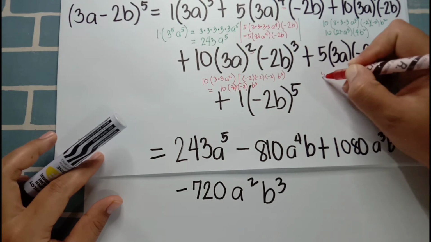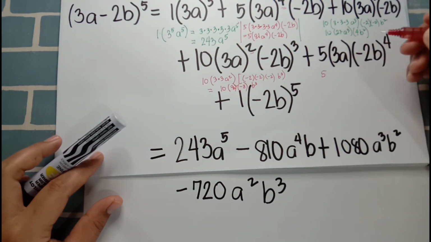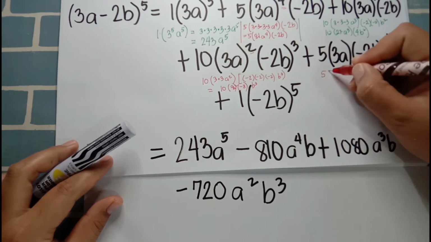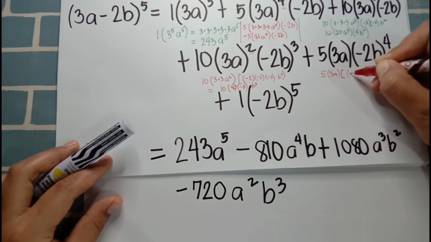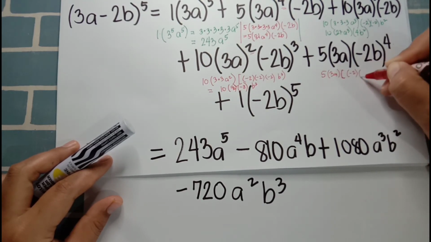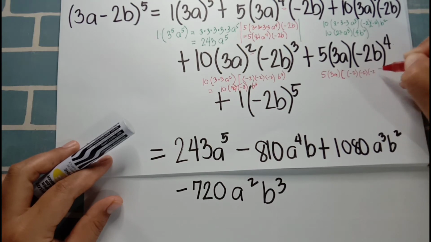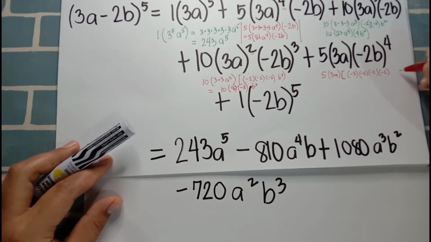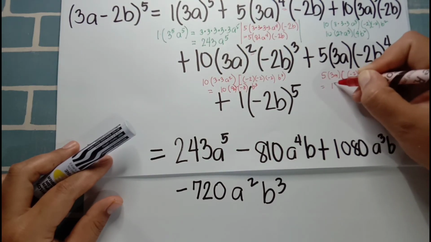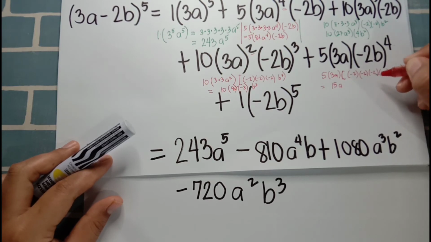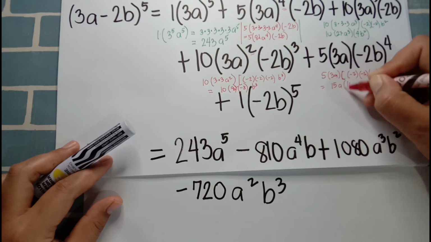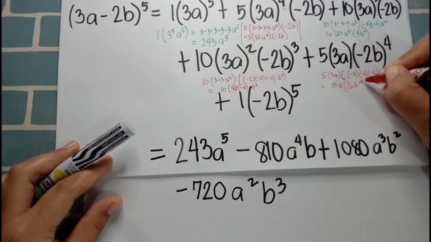Next, for the fifth term, 5 times 3a times negative 2 raised to 4, or negative 2 times negative 2 times negative 2 times negative 2, b raised to 4. So, 15a, negative 2 times 2 is 4, times negative 2 is negative 8, times negative 2 is positive 16, b to the 4th power.